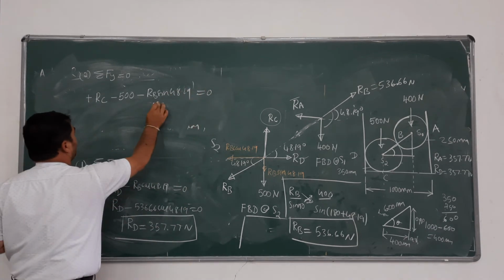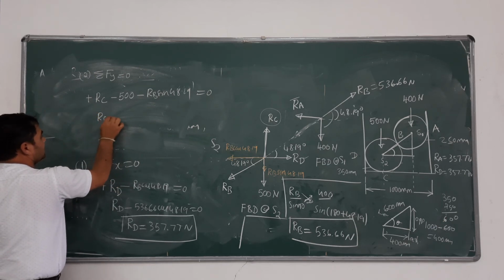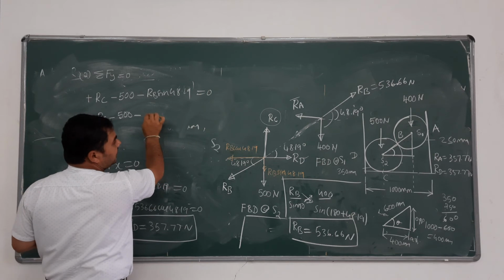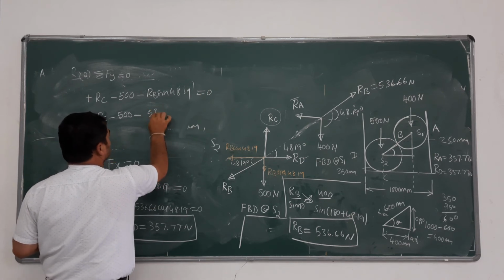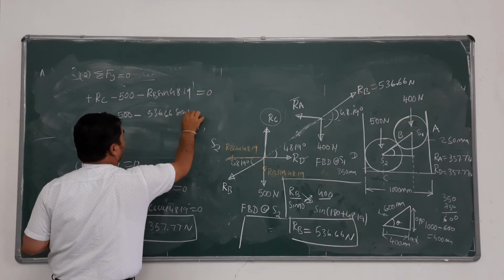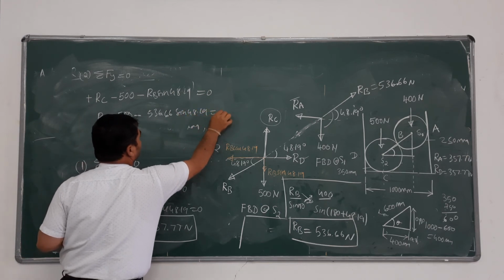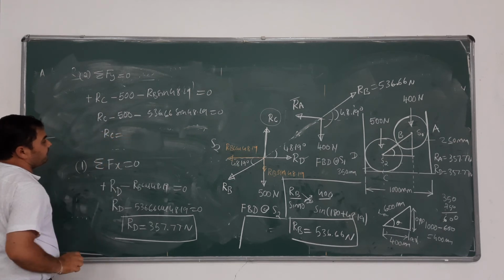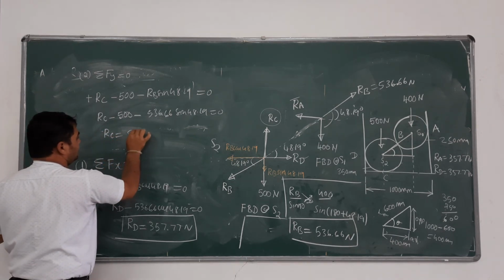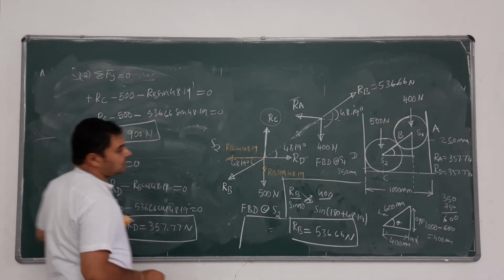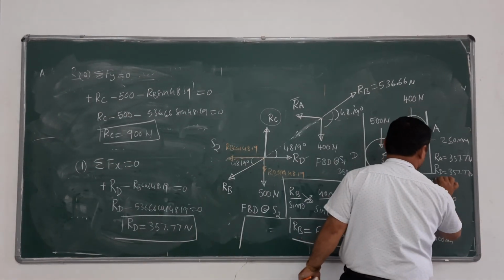We know the value of RB. So RC minus 500 minus 536.66 sin 48.19 should be equal to 0. Therefore the value of RC works out to be 900 Newton.